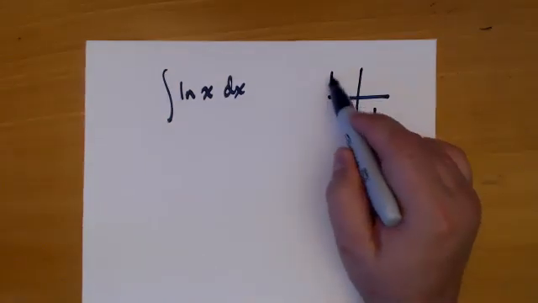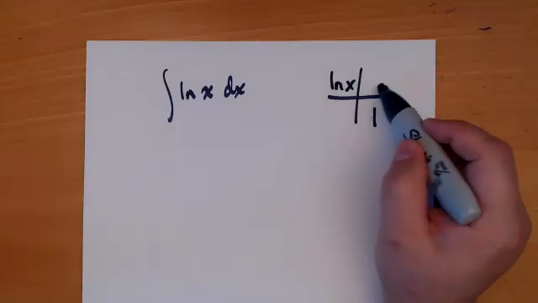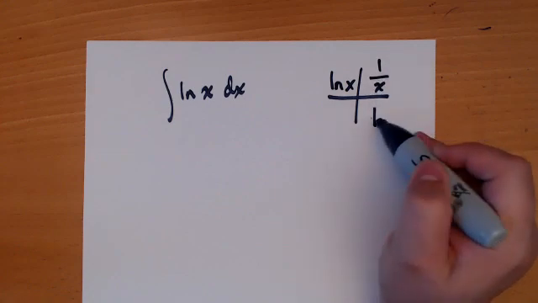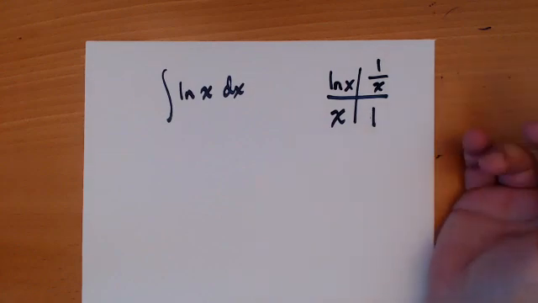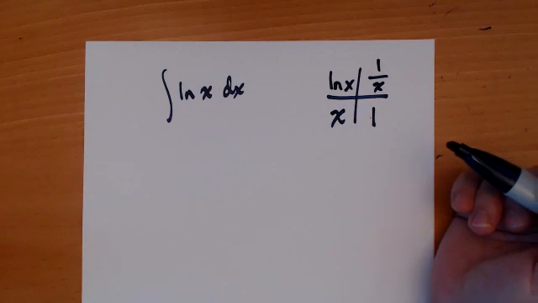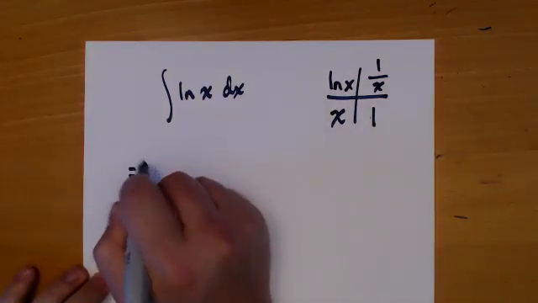And that would mean I would put the natural log here, right? What's the derivative of the natural log? 1 over x. And what's the integral of that? x. See that? Well, I got lucky. Good call. Finish it up.